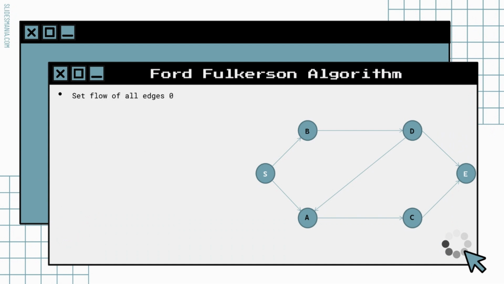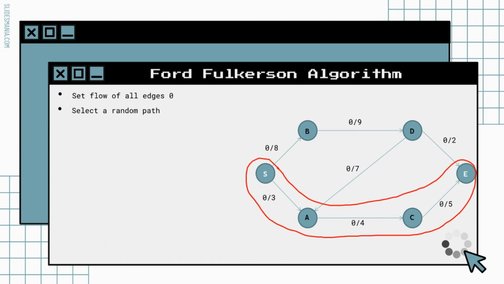At first, set the flow of all edges to 0, like this, and the term is the flow capacity term that I have discussed before. Now select a random path, like I have chosen this path S A C E. If flow equals 0, then we have to choose the minimum capacity.